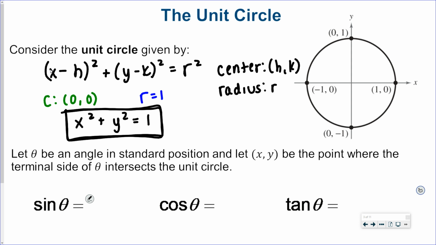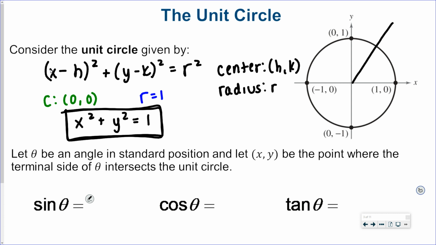Now we're going to tie it into radians and drawing angles in standard position, like 2 pi, intersecting this unit circle. Draw a terminal side of an angle anywhere in quadrant 1.